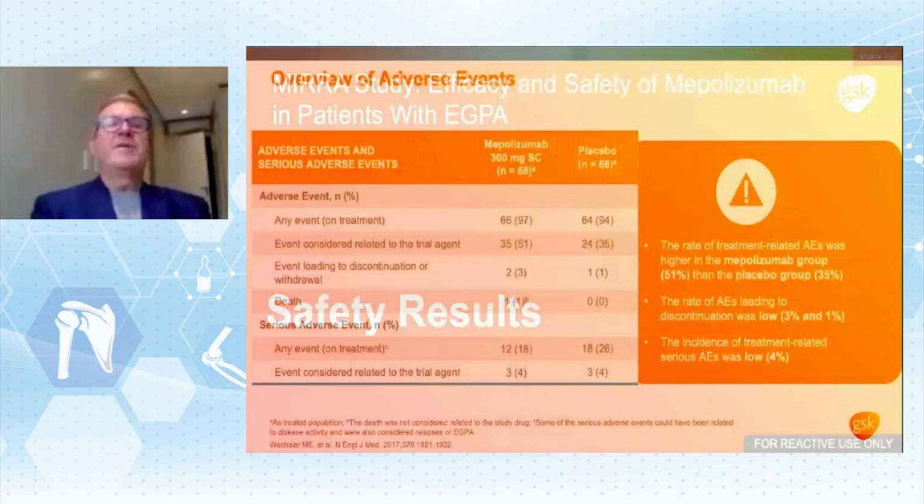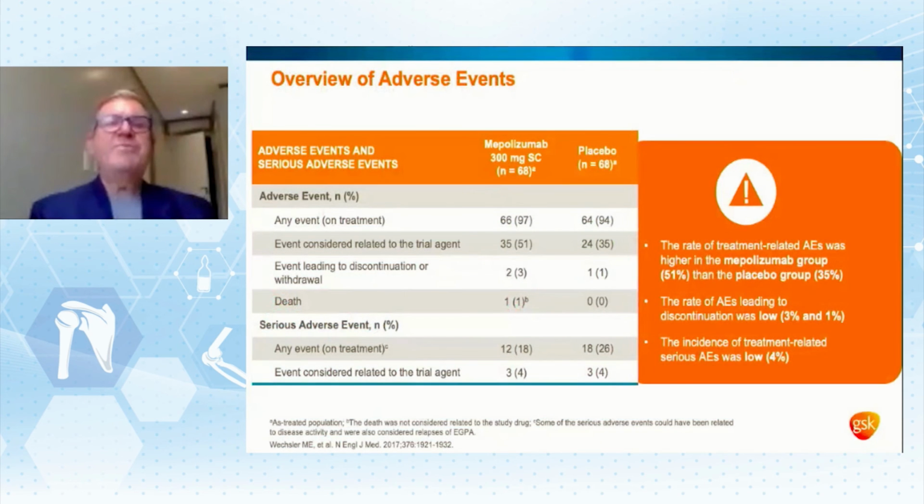So what about the side effects of this intervention? Treatment with mepolizumab 300 milligrams was quite safe, and there were no significant differences between the placebo group and the patients treated with 300 milligrams. Adverse events considered due to the trial agent occurred in 3 patients with mepolizumab and 3 patients with placebo.